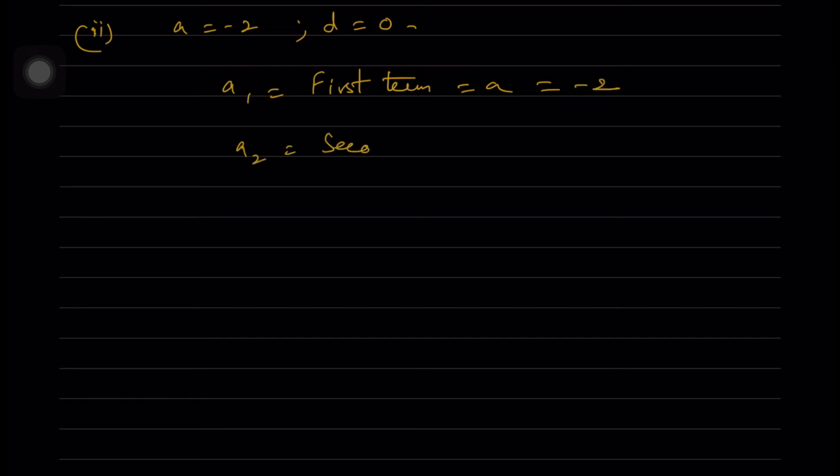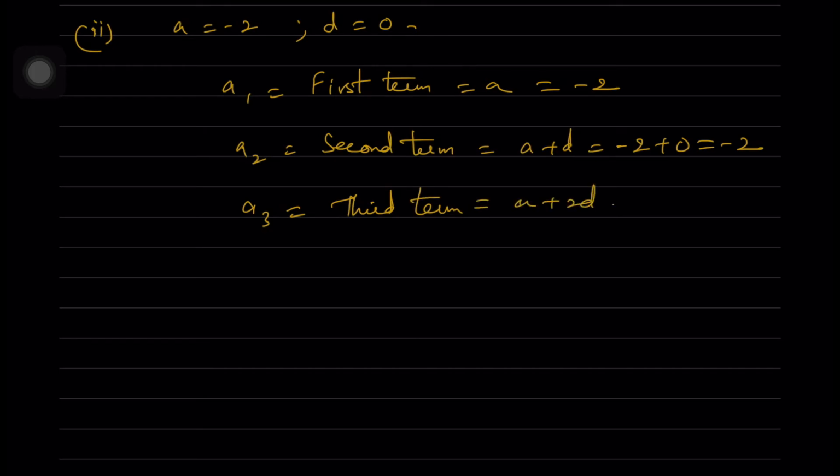Second term a2 is equal to a plus d, which is minus 2 plus 0, which is equal to minus 2. Then a3 is the third term, a plus 2d, which is minus 2 plus 2 into 0, that becomes 0, so you get minus 2 again.